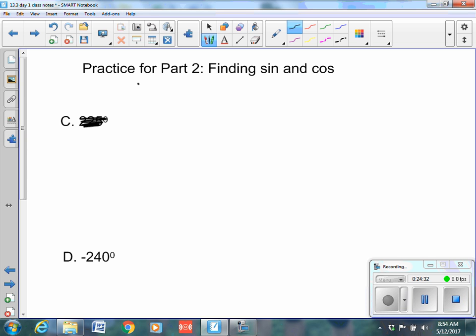Let's make this 120. So step number one, graph 120. Here's 120. Draw to the x-axis. This is 60.